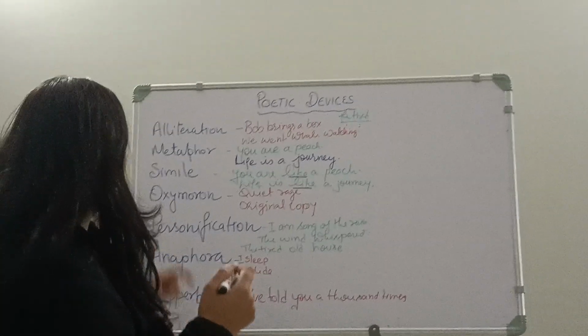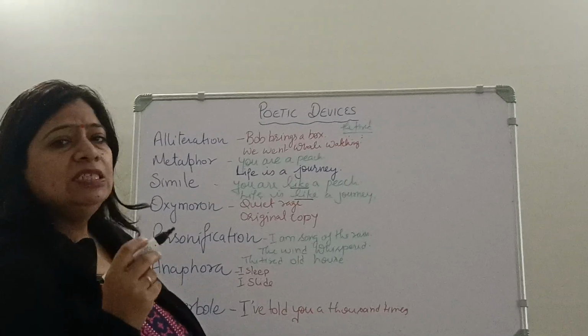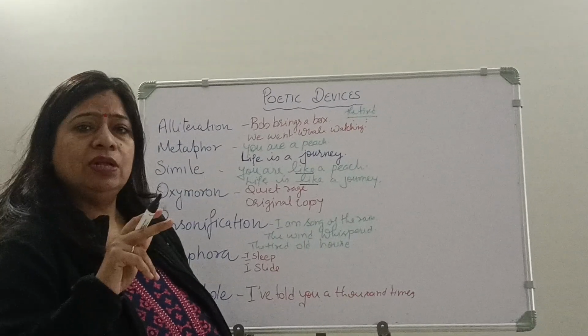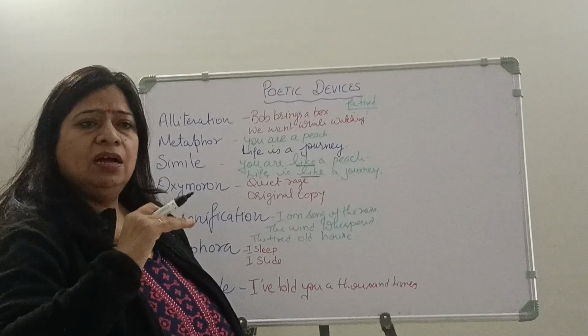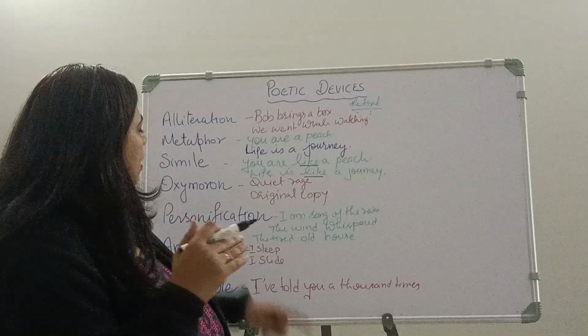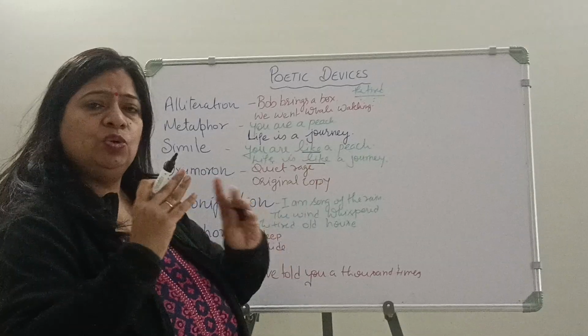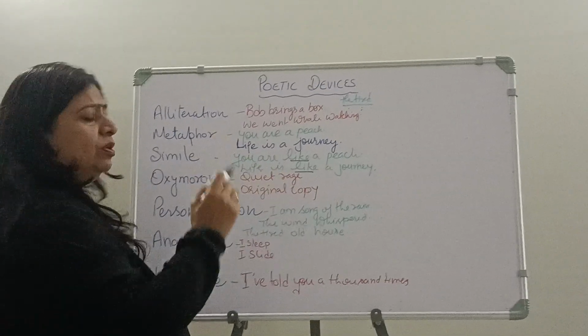Now let me come to another one, that is oxymoron. Oxymoron is something which expresses two opposite qualities coming with each other. Means they come all together. Like quiet rage. Quiet and rage, these are two opposite words, and between these two words there is no other word.